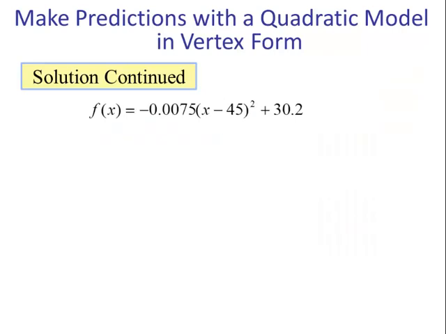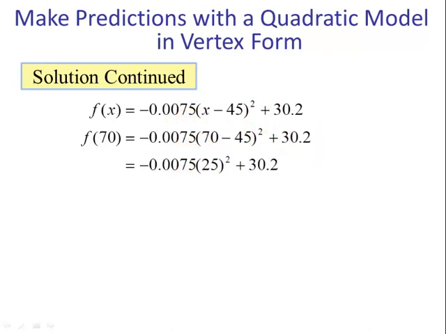We have our function here. We need to compute what is f of 70. What is the estimated fuel economy when the speed is 70? Everywhere we see an x, we substitute a 70. So following the order of operations, we do parentheses first, then we square, then we multiply, and finally we add. 70 minus 45 is 25. 25 squared is 625.